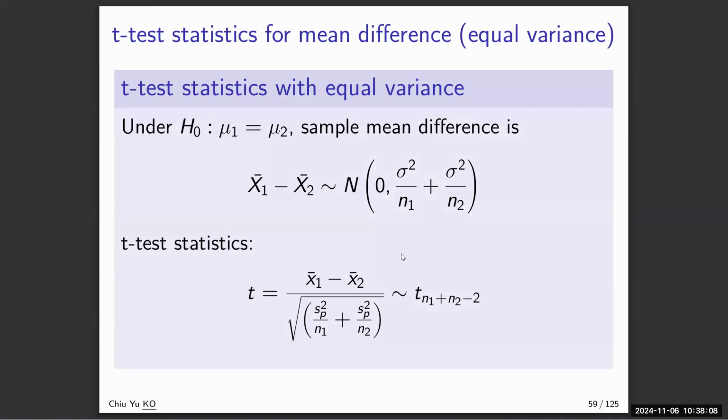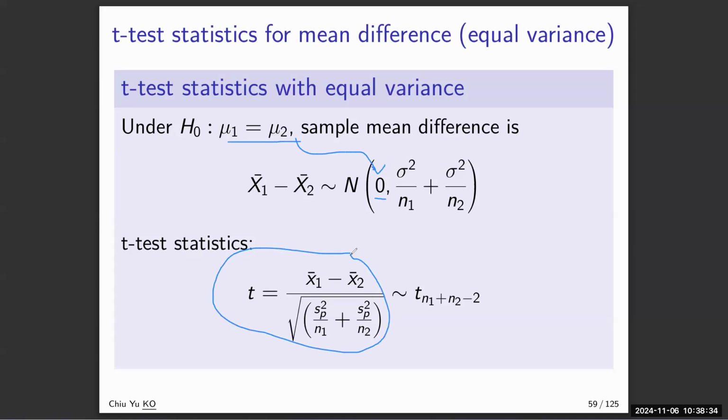Once we do that, because we assume same variance, that's the formula we have. The mean is 0 because that is the null hypothesis. Given this, that's a simple t-test. We replace sigma by S_p, and this is the result.